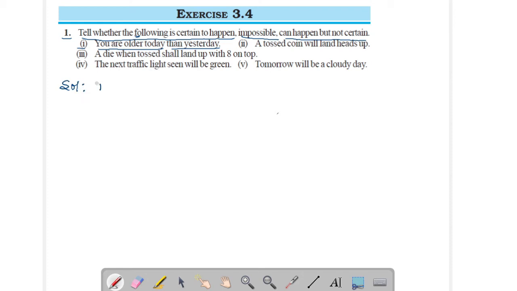First part: certain to happen. Then second part: a tossed coin will land heads up. Your answer is can happen, but not certain.